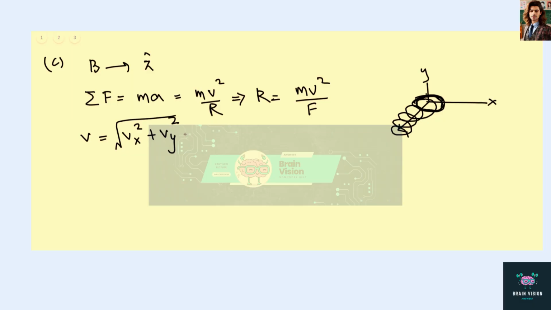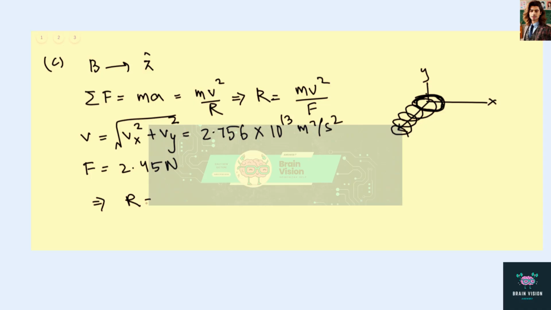So this gives the magnitude of velocity in the xy plane to be 2.756 times 10 to the power 13 meters per second squared, and the magnitude of force is already given to be 2.45 Newton.